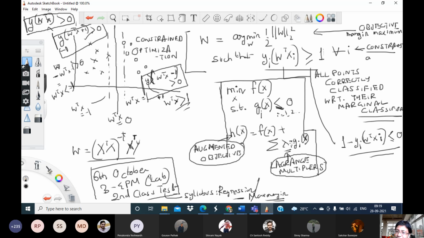Also, to ensure that these constraints are given enough priority in the summation, for that purpose we have the Lagrange multipliers also. So now you can see a direct analogy between this and the regularized regression, the lasso regression or ridge regression which we had studied.